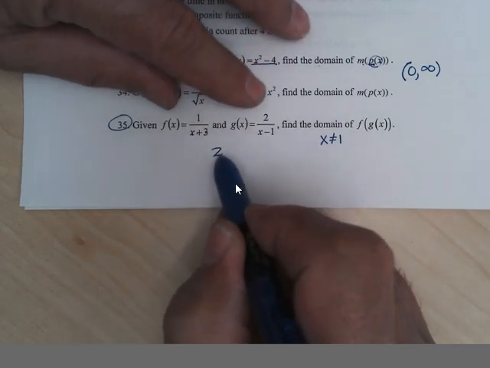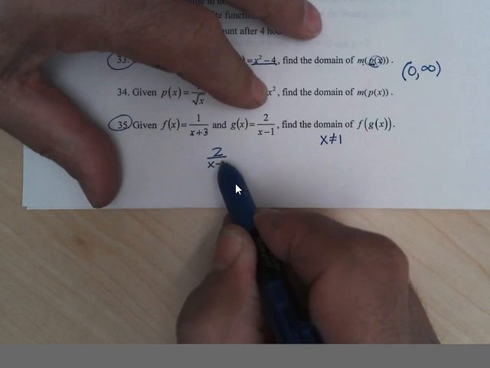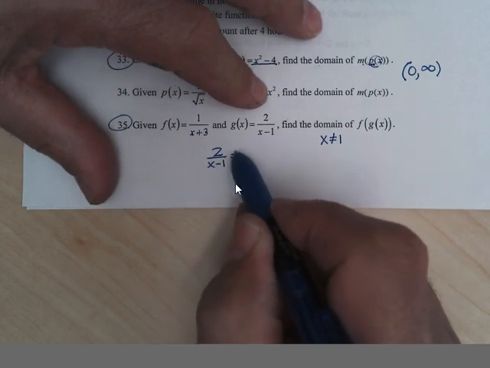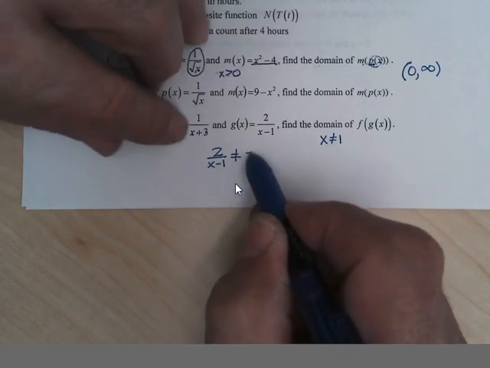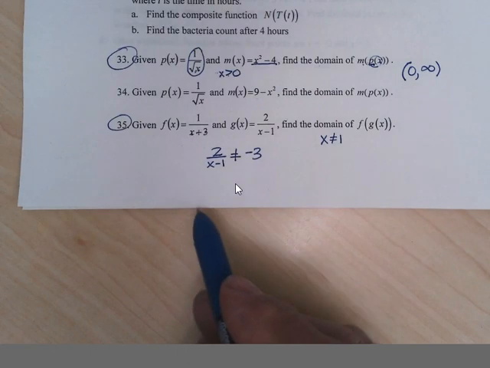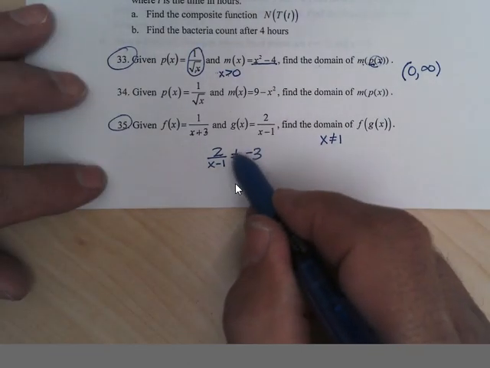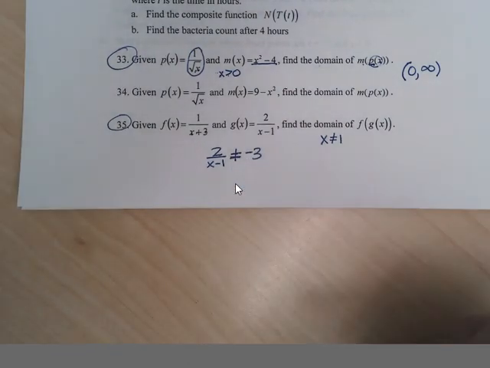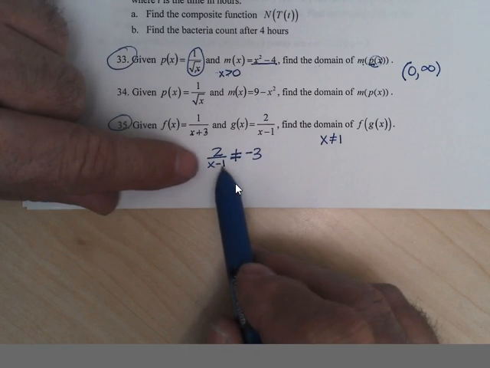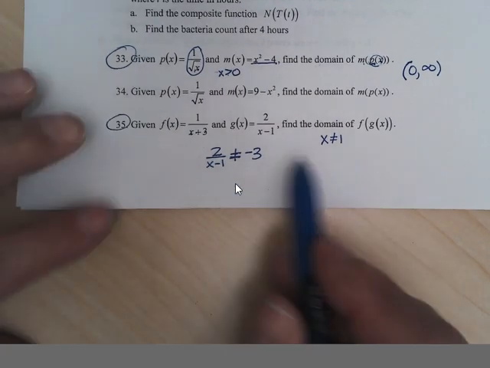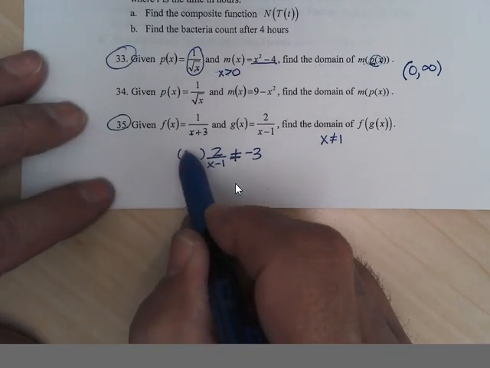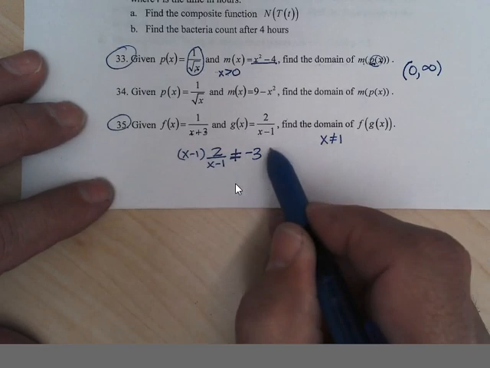So 2 over x minus 1 should never be -3. So I'm going to find out what makes it equal to -3 so that I can throw that number out. Now, to solve this one, I got a fraction equal to this. I'm going to multiply both sides by x minus 1.